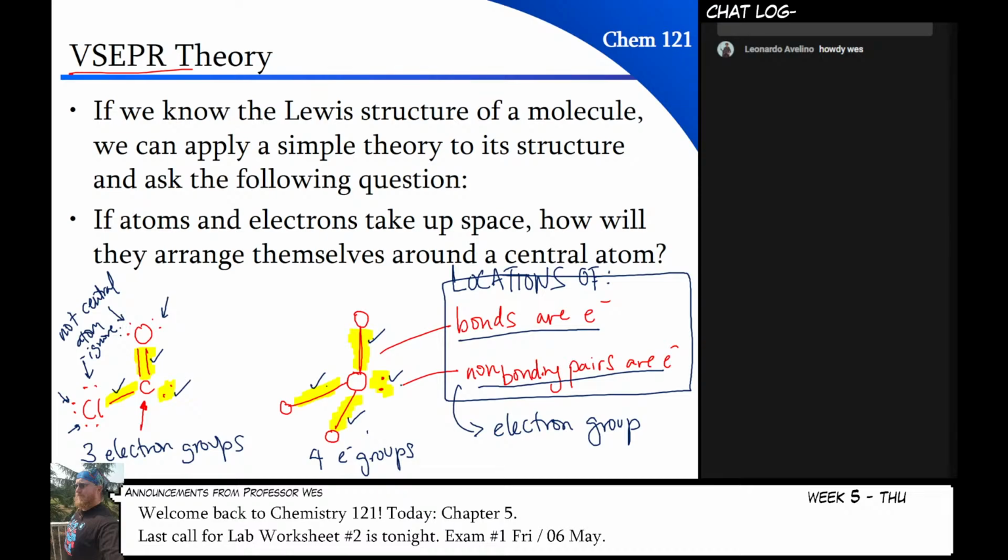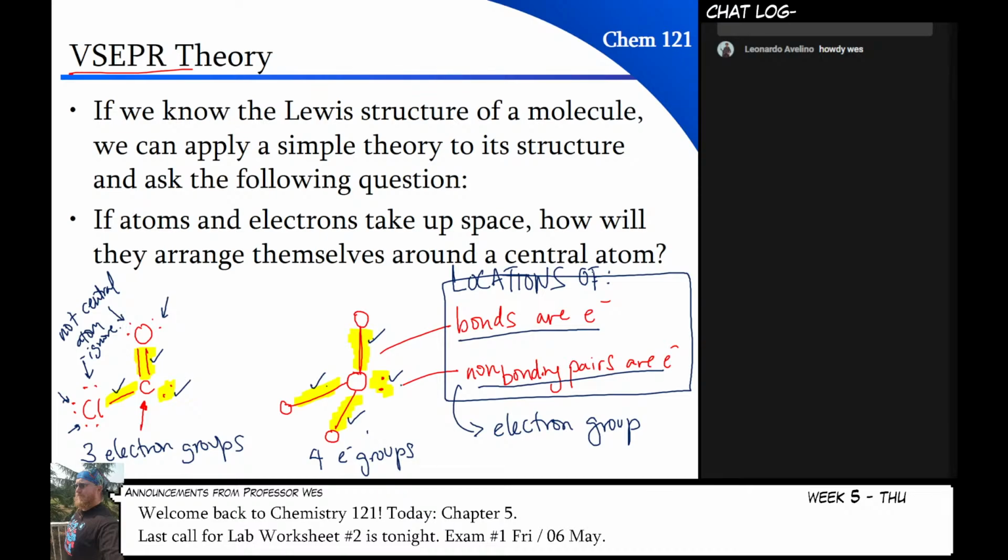So whenever you get a structure, you're always going to consider the location of these electron groups around the central atom, because the next step is to apply the logic of how electrons behave.